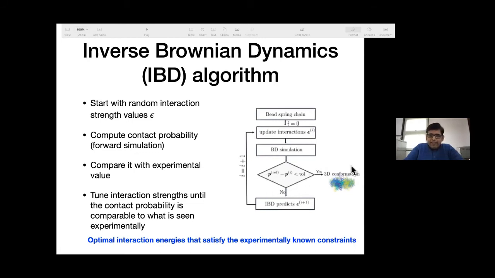Once we have this, we stop the simulation, and then we can compute the 3D organization of the chromatin. So this is the basics of the algorithm, and I'll be happy to discuss more details later.